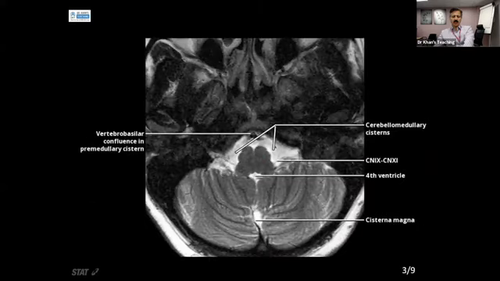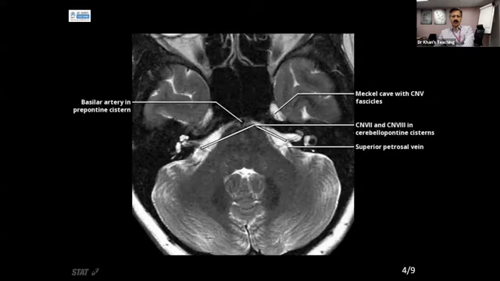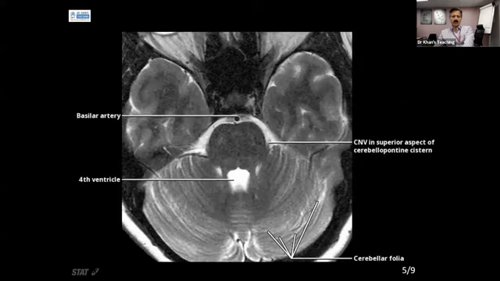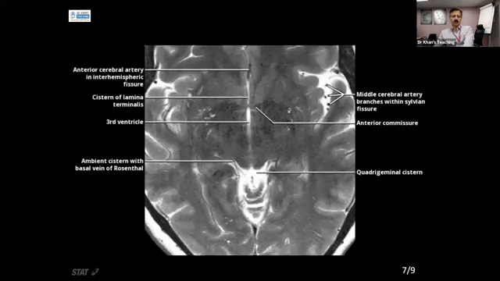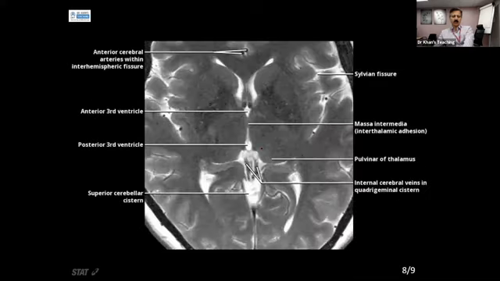So these are the pre-medullary cistern, and then pre-pontine cistern with the basilar artery, and then suprasellar cistern, interpeduncular cistern, ambient, and the quadrigeminal cistern, the third ventricle here. And the third ventricle here, foramen of Monro.